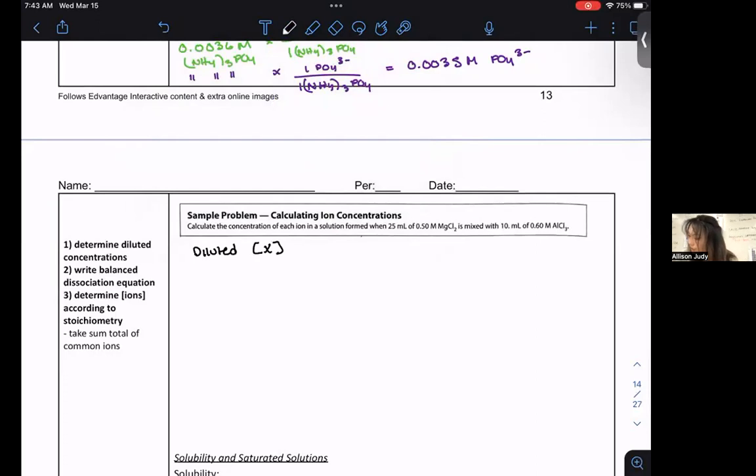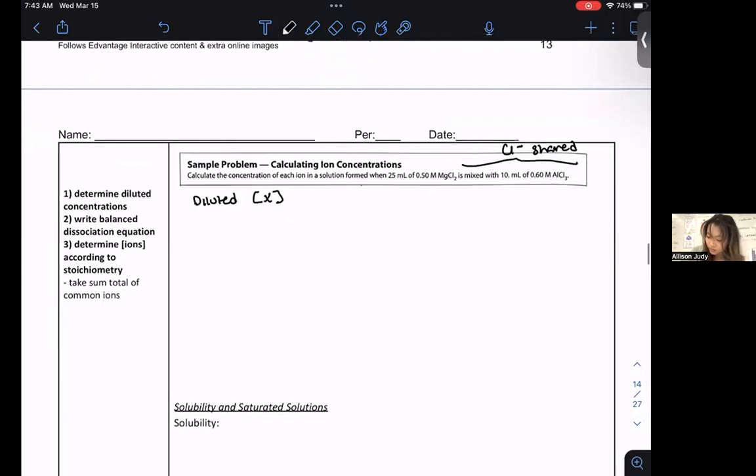But two, you should also notice that these share a common ion of Cl, a shared ion. Okay, Cl minus. So when we calculate the total amount of ion concentration from Cl, don't forget to sum it together. Okay, so let's go ahead and work through this problem. And what we do is I'm going to first address MgCl2 because it's the first thing.